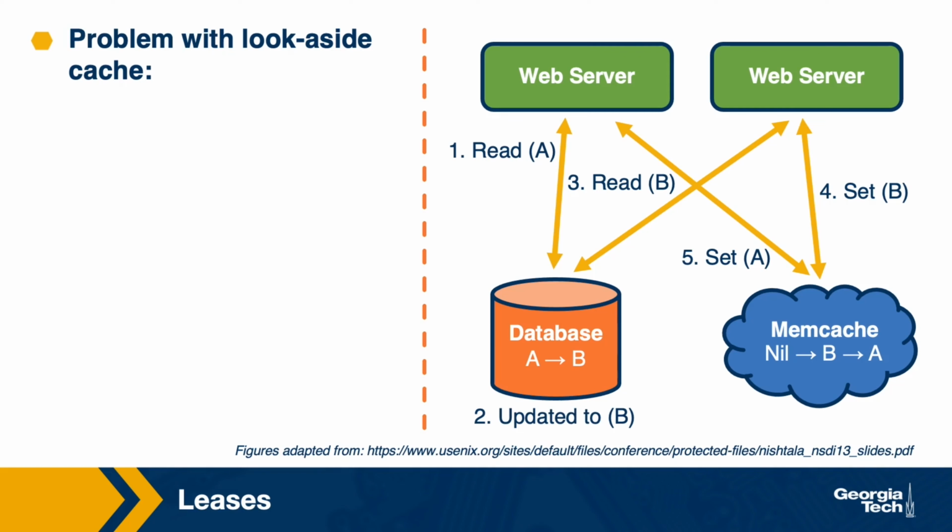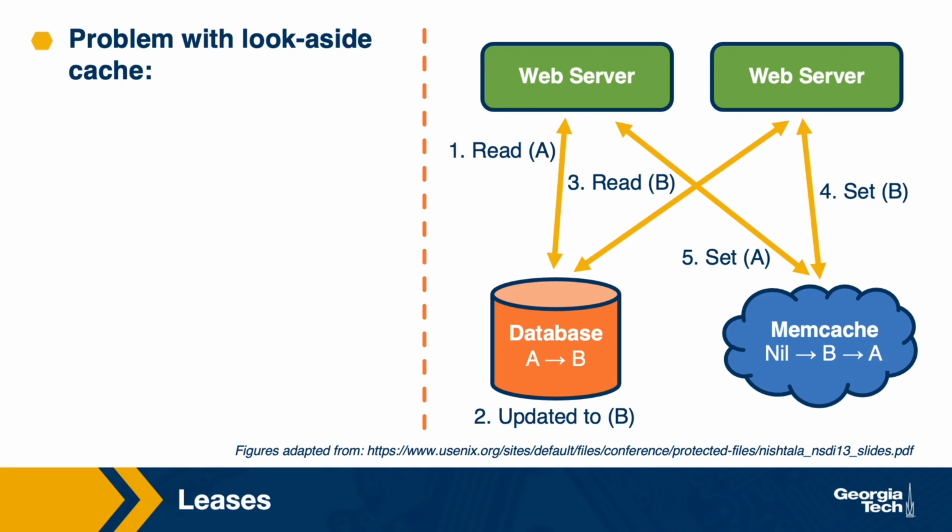Let's say some other process that's not shown here is going to update the value of A, and this is going to become B. Now, immediately after this happens, there is a read request from web server 2. It also has a cache miss, and it reaches the database. It receives this new value B. So it will now try to set the value in the cache to the value B, which it read.